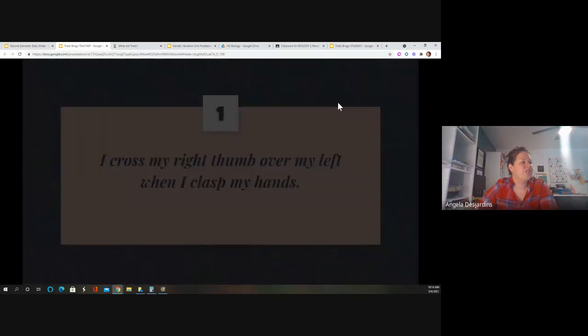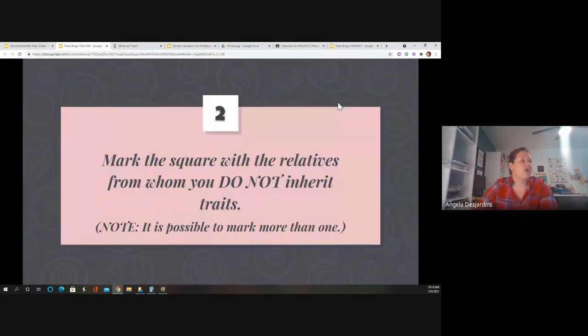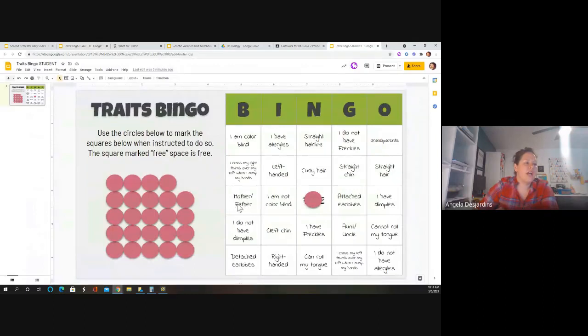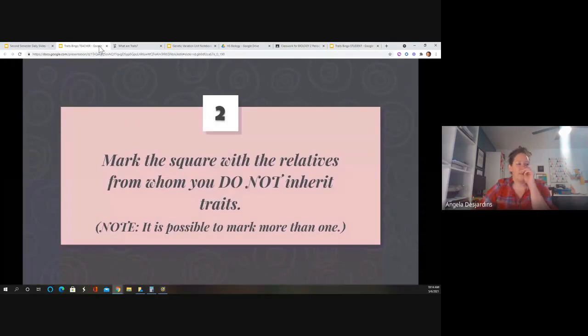Clue number 2. You are going to mark the square with the relatives from whom you do not inherit traits. There might be more than one. So this is almost a little bit of a pre-assessment. So on your board, you'll notice that you have different relatives. So you have like mother and father, grandparents, aunt and uncle. So you are going to mark the squares with the relatives that you do not inherit traits from.